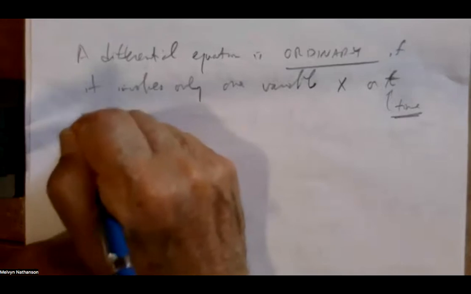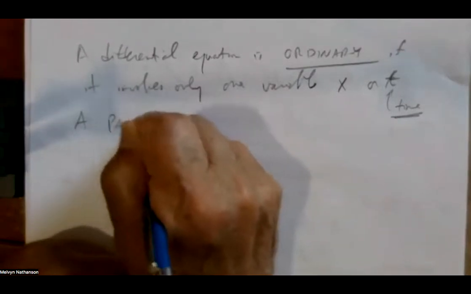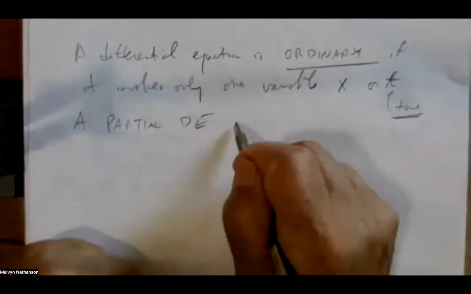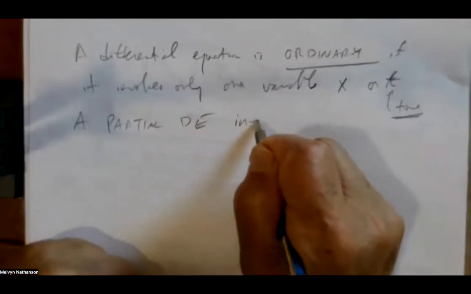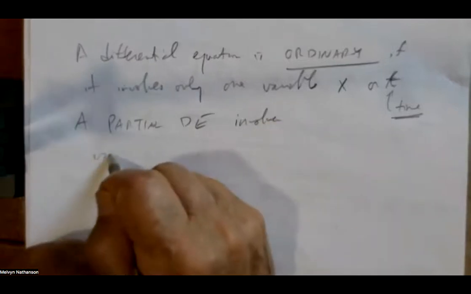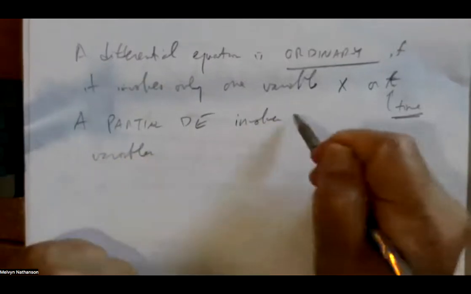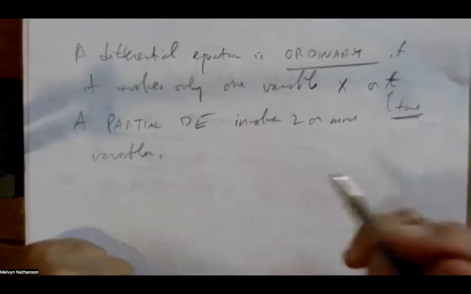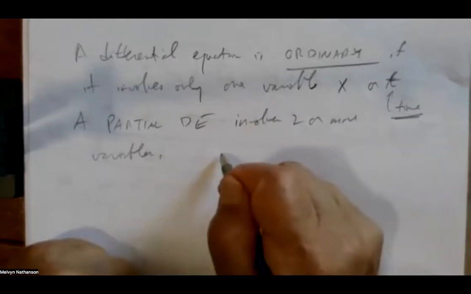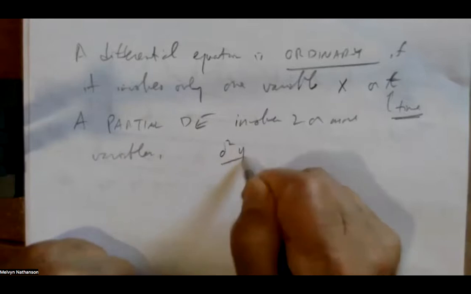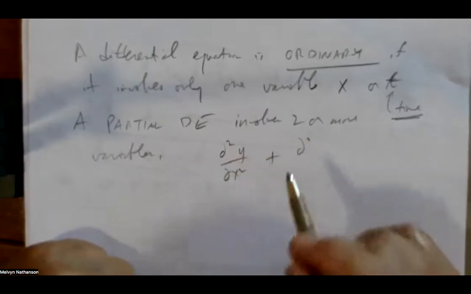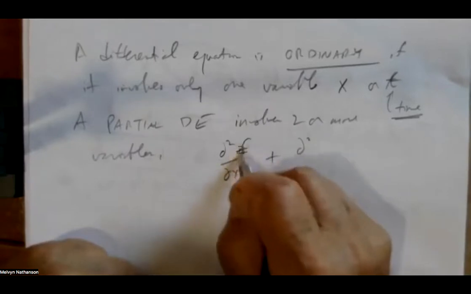A partial differential equation, that's the other type of differential equation. A partial differential equation involves two or more variables. And then the derivatives are partial derivatives. So for example, let's call my function f.